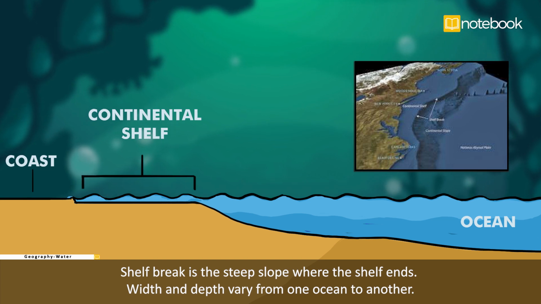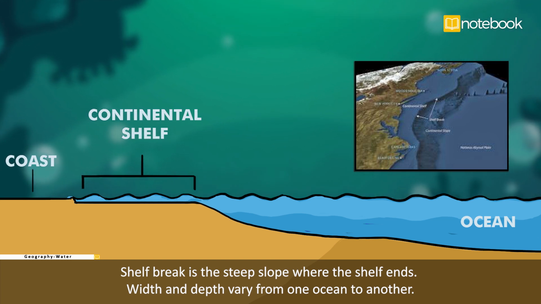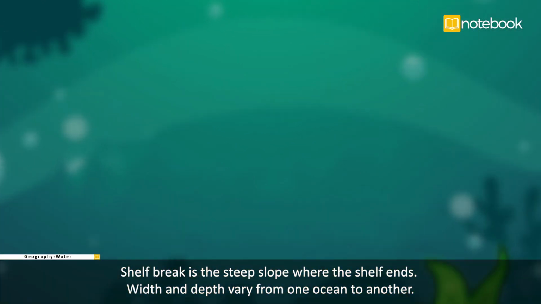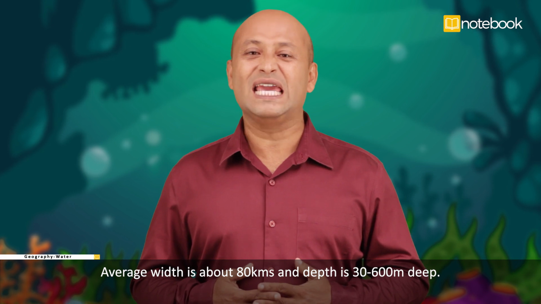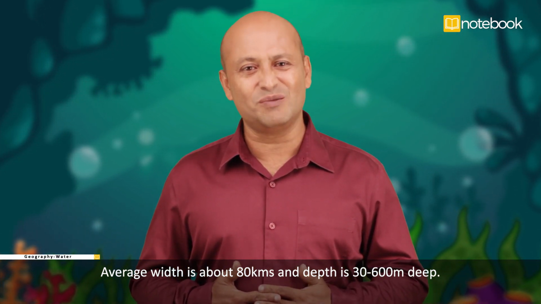Shelf break is the steep slope where the shelf ends. Width and depth vary from one ocean to another. Average width is about 80 kilometers and depth is between 30 to 600 meters.